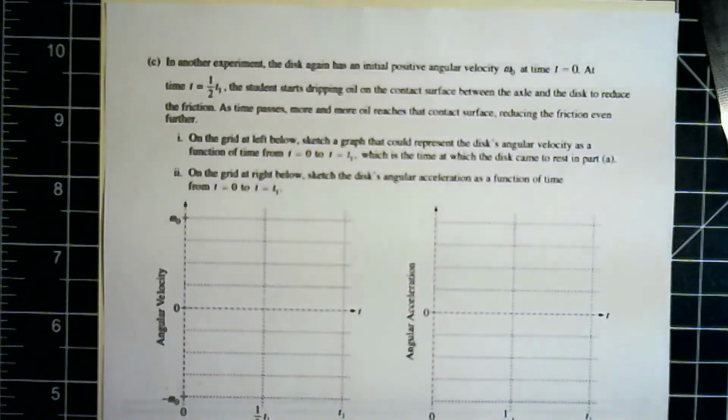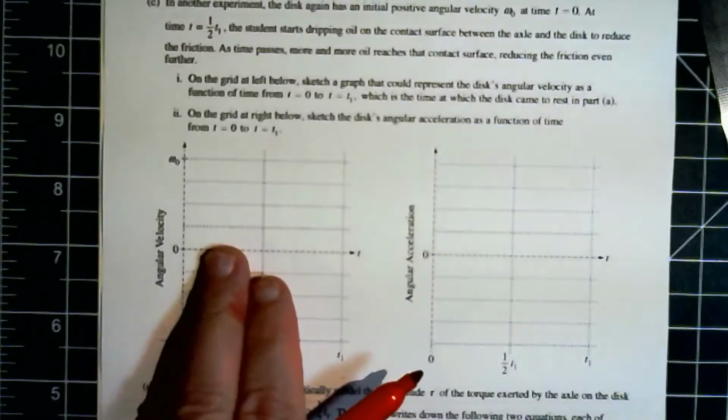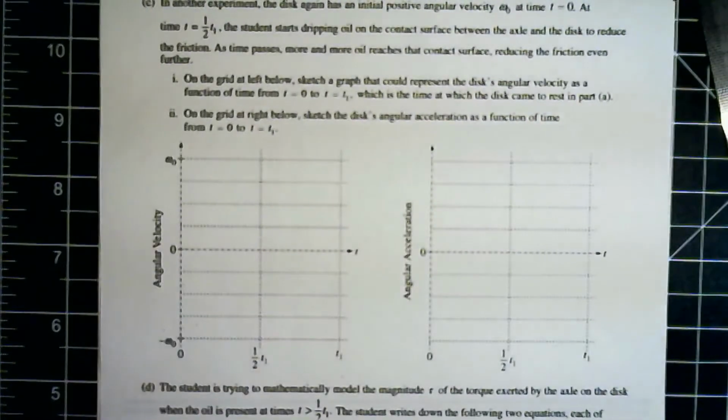As time passes, more and more oil reaches the contact surface, reducing the friction even further. So over time, that friction and thus the torque and deceleration decrease. It never really reaches 0, it doesn't say that. It just decreases. And so what we want to do is graph what the velocity looks like as a function of time, and then also the corresponding acceleration.